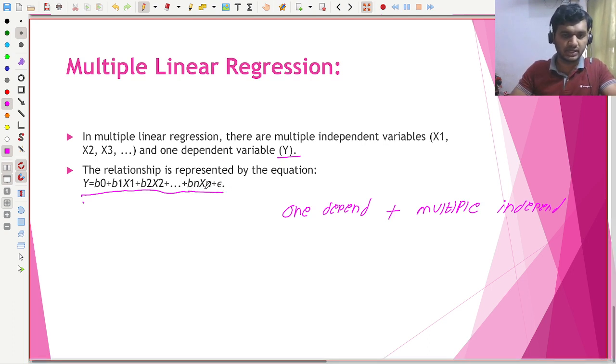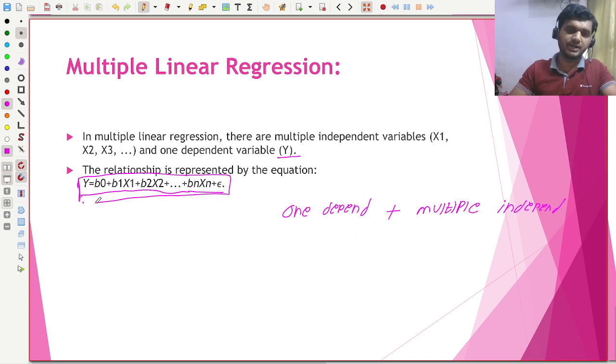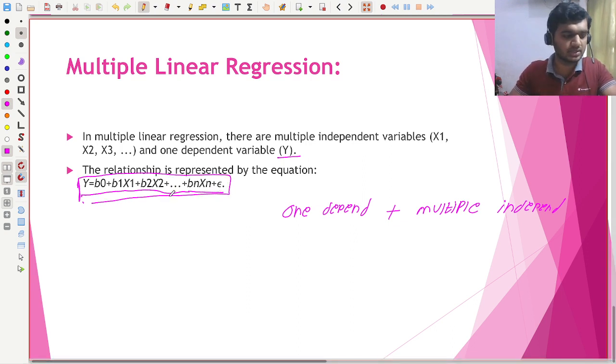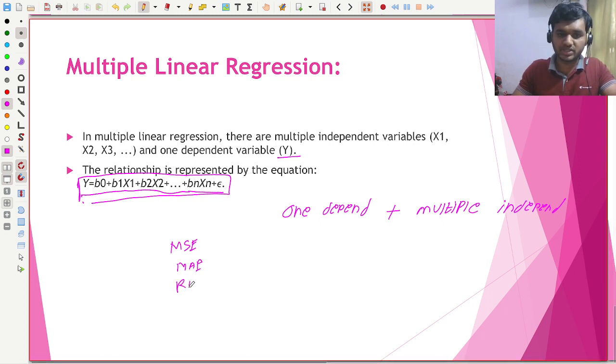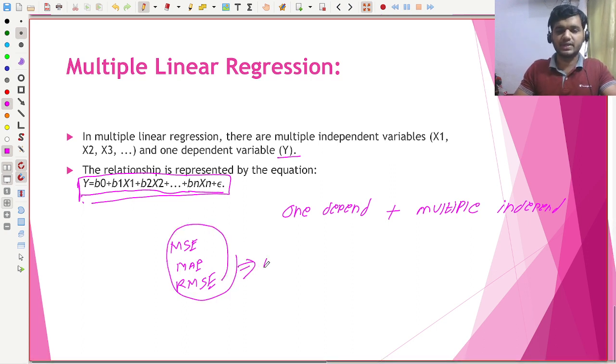Epsilon is the error term. This is the equation of multiple linear regression. Here you can apply mean square error, mean absolute error, root mean square error. We'll discuss all the performance metrics in the next class.